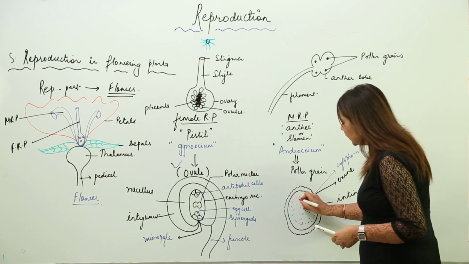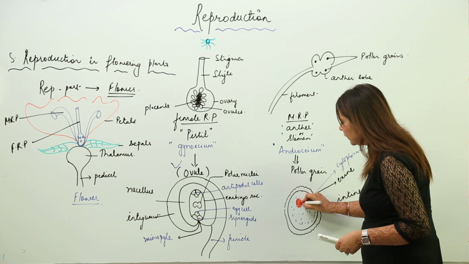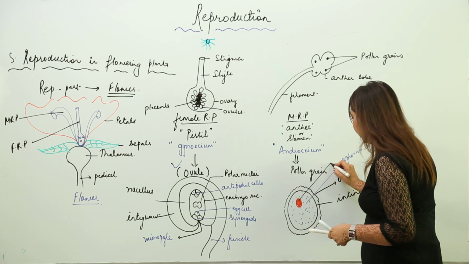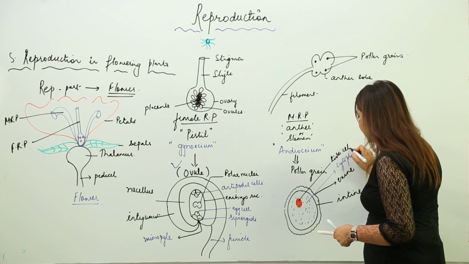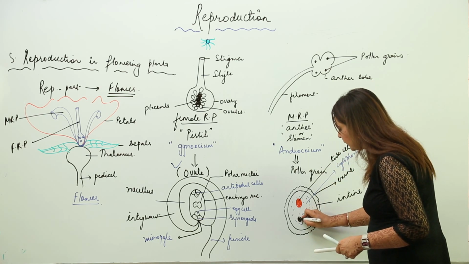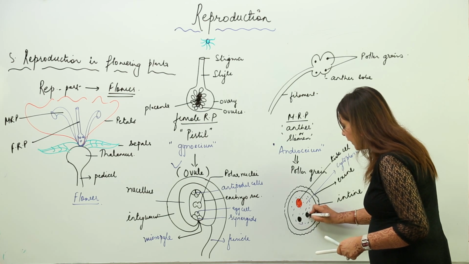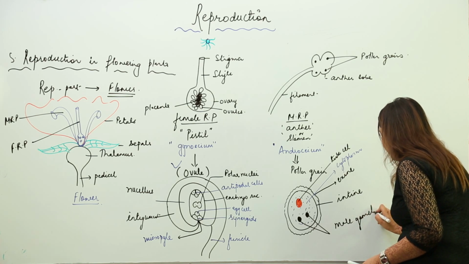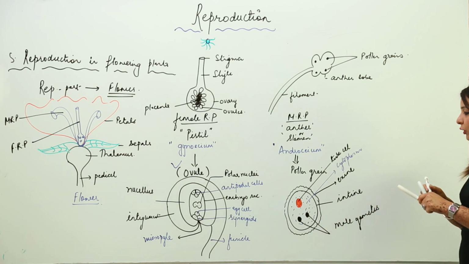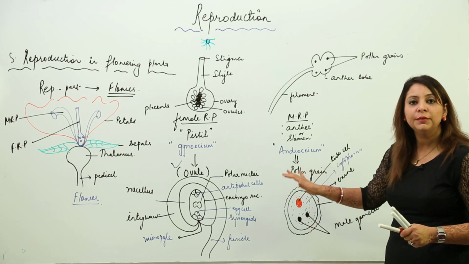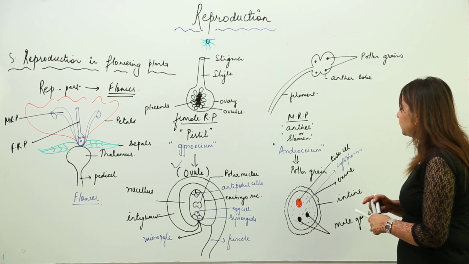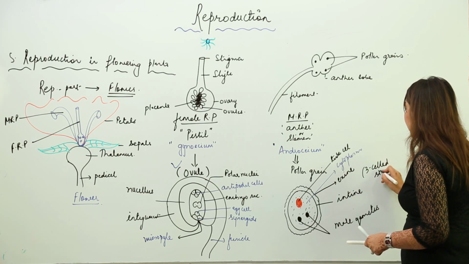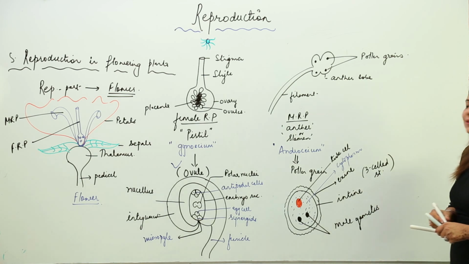It has one cell which is called the tube cell, and it also possesses 2 gametes, that is 2 male gametes. So you can say this is the structure for the matured pollen grain. The matured pollen grain has a 3-celled structure because it possesses 3 cells.